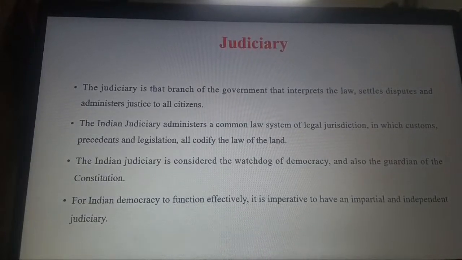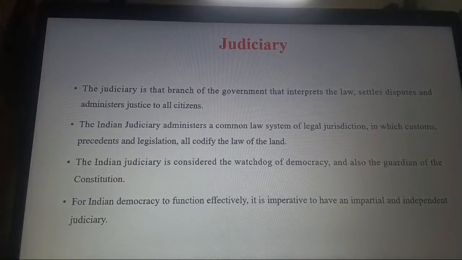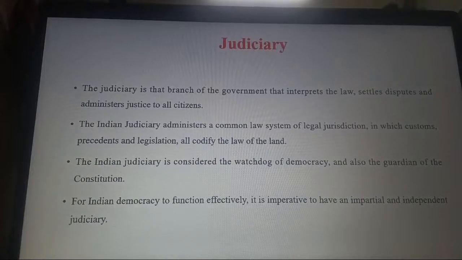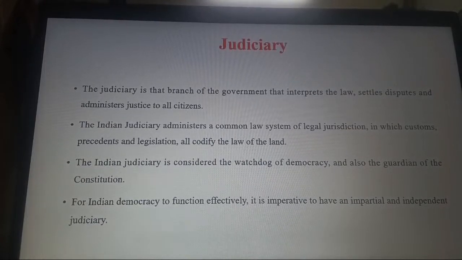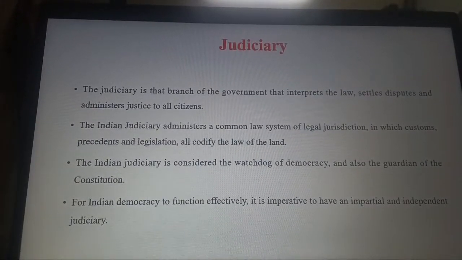The Indian judiciary is considered the watchdog of democracy and also the guardian of the Constitution. For Indian democracy to function effectively, it is imperative to have an impartial and independent judiciary.